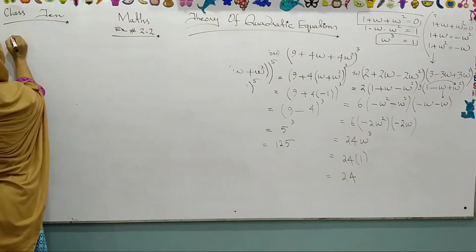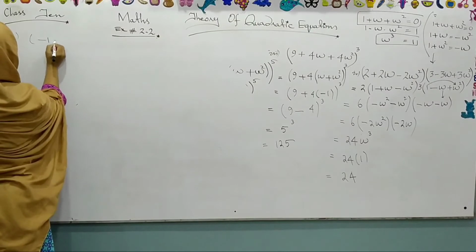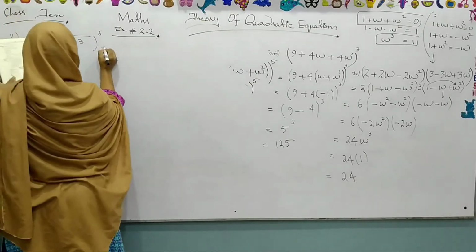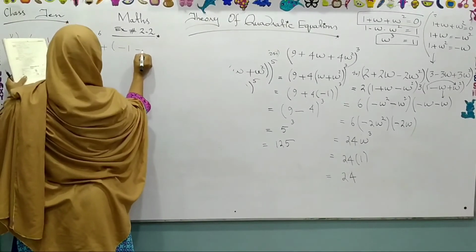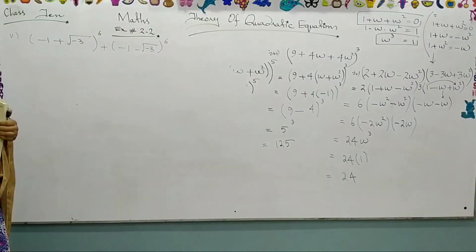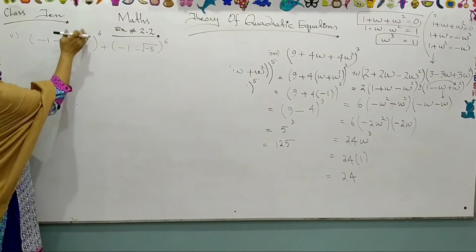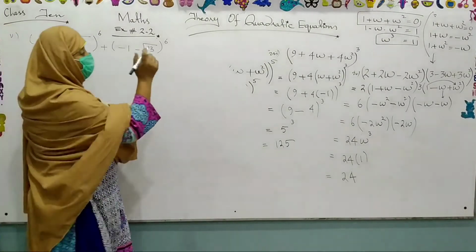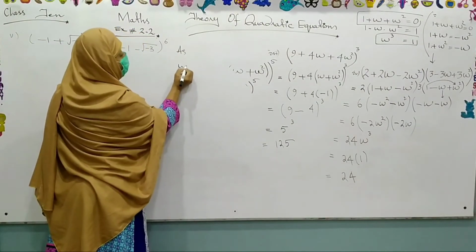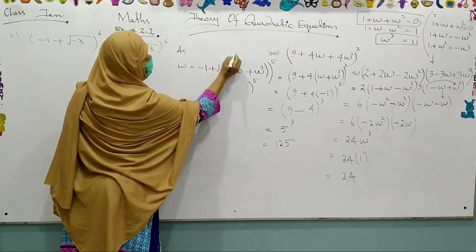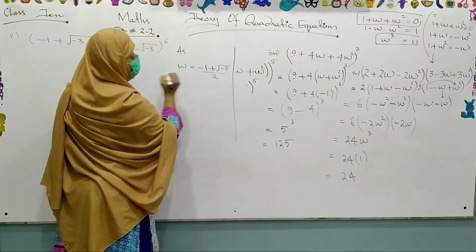Next is students, see part number 5, (minus 1 plus square root minus 3) whole raised to power 6 plus (minus 1 minus square root minus 3) whole raised to power 6. Now see students, now it is difficult to open its value raised to power 6, (a plus b) raised to power 6. But I know as omega is equal to minus 1 plus square root minus 3 whole divided by 2.